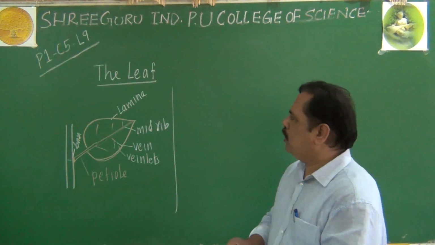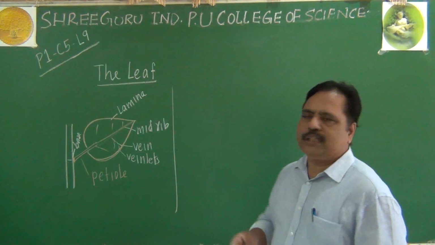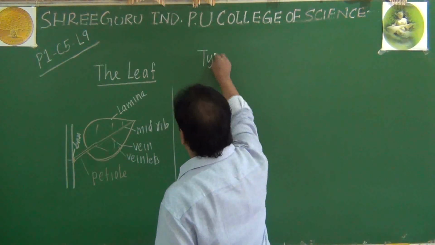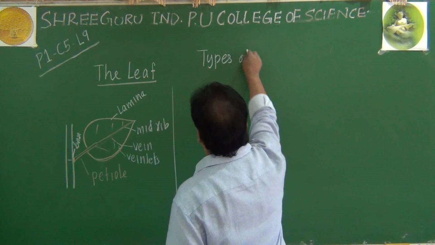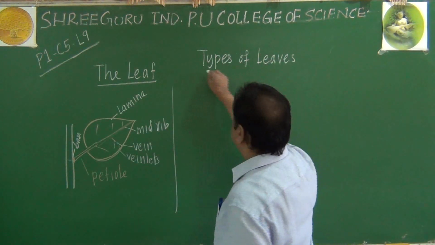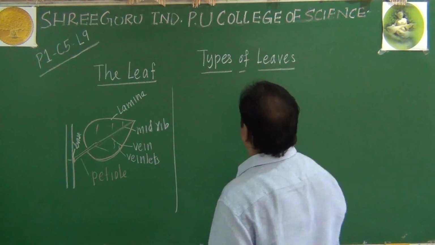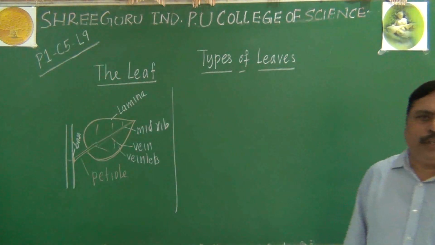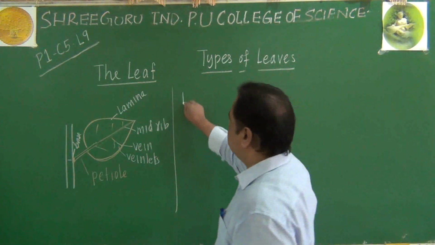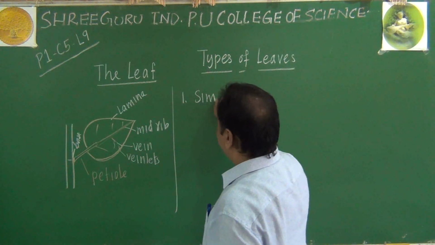Let me come to another aspect in today's class: types of leaves. In angiosperms, we can come across two major types of leaves. One type is called a simple leaf.